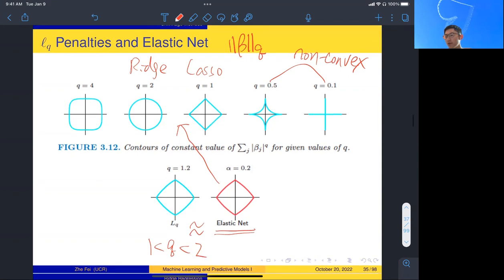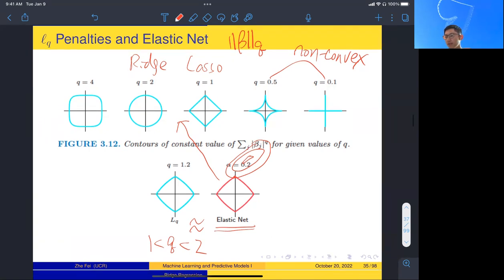And from the shape of the constraint, we could tell that for elastic net, sometimes it would also achieve sparse selection, as the intersection with the contour is at the corner. So yeah, some visual concepts.